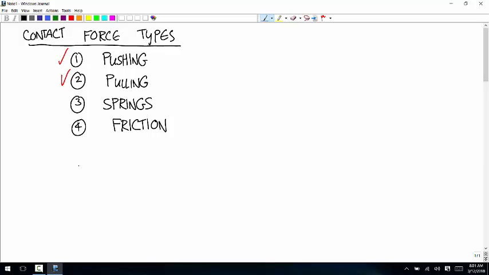Okay, so let's first talk about friction. There are two kinds of friction, and you have to treat them differently mathematically.